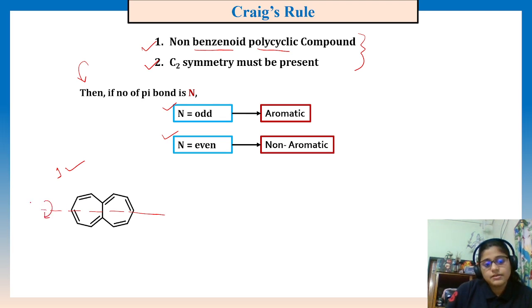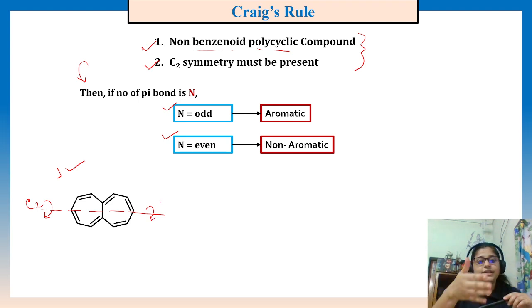C2 means when we rotate this molecule by 180° through this axis, you will find the same molecule again. If we rotate through this, you can imagine we will find the same.